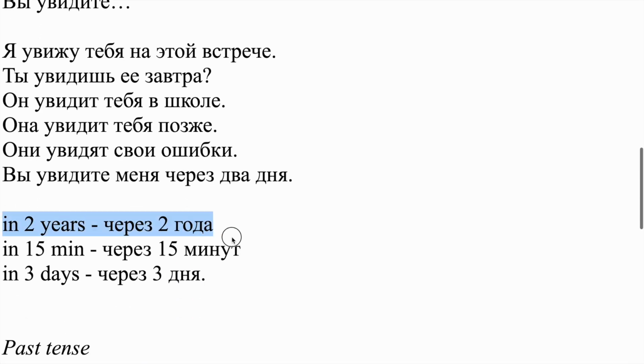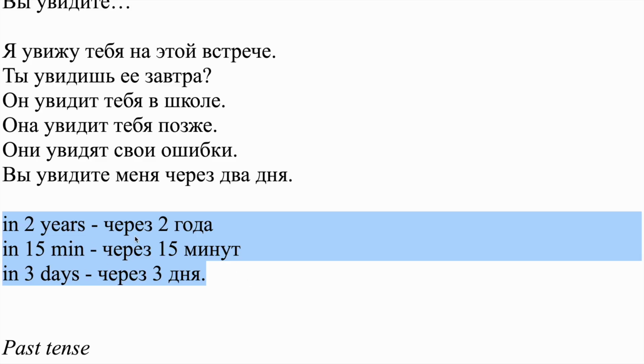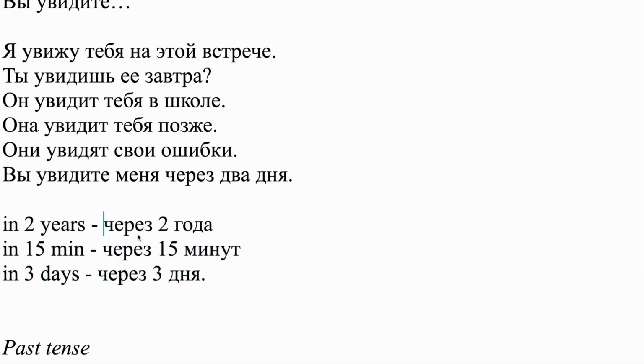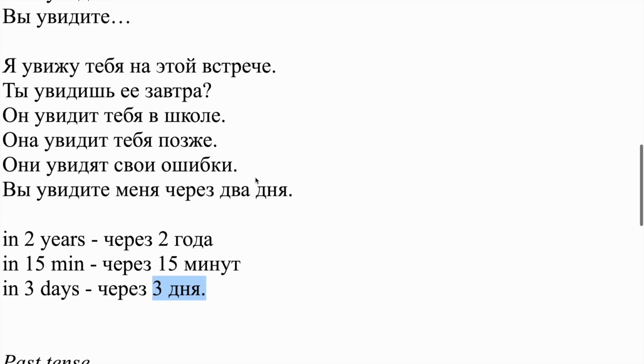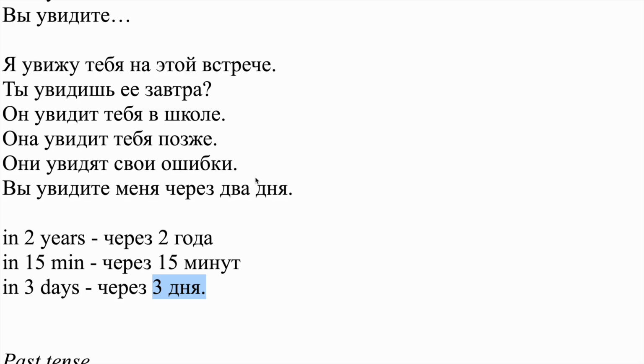Also remember all these constructions, it's very important for you. It's very easy, just take this word через, and add your time, like 2 years, 2 года, 15 minutes, 15 минут, 3 days, 3 дня. Okay, very important, very useful for your speech, for your education.